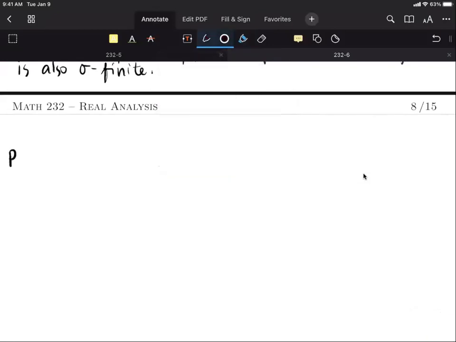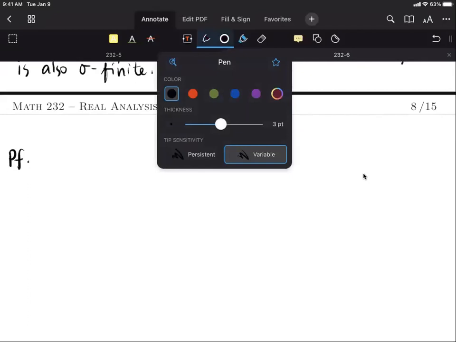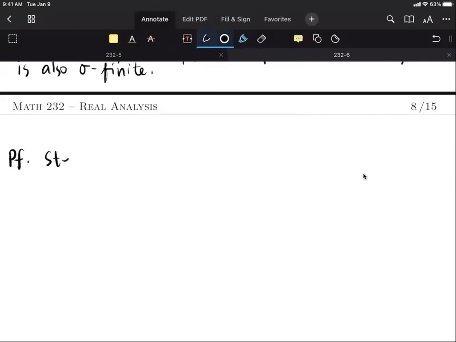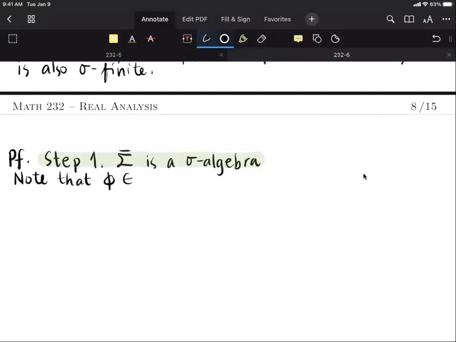So let's start with the proof. And as a first step, we wish to establish that this is a sigma algebra. Now, note that the empty set is in sigma, because this is a sigma algebra.